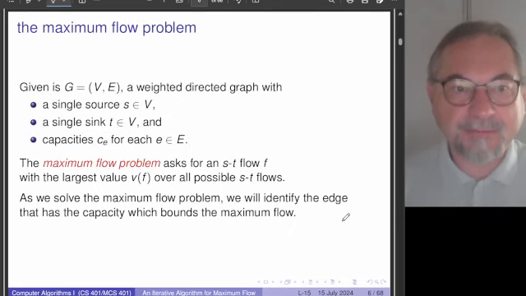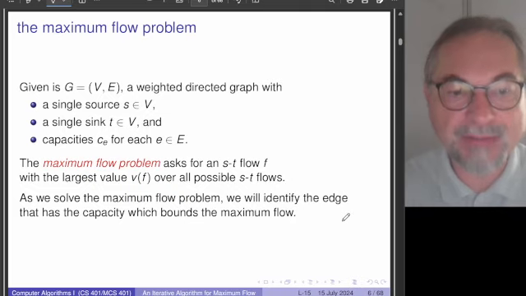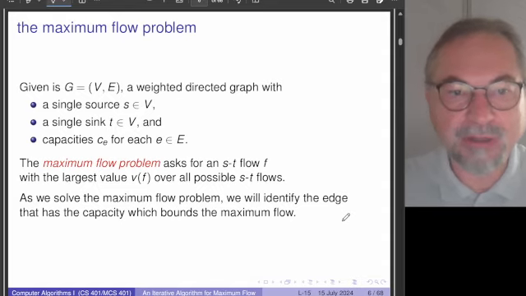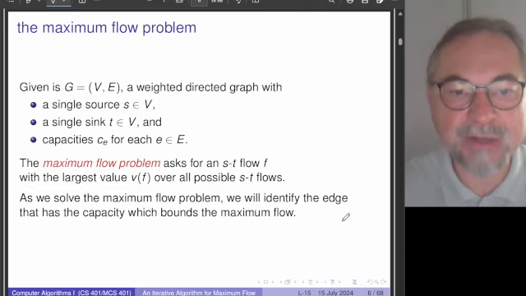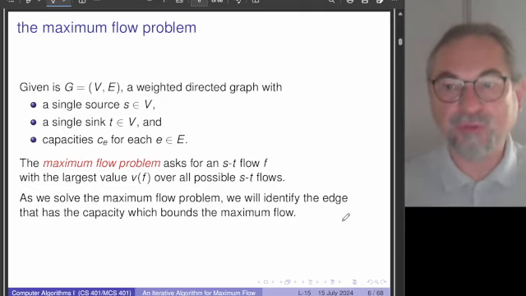Okay, now what is our problem? We have the maximum flow problem: given on input a weighted directed graph with single source, single sink, and every edge has a capacity, we want to find an assignment of values to the edges.